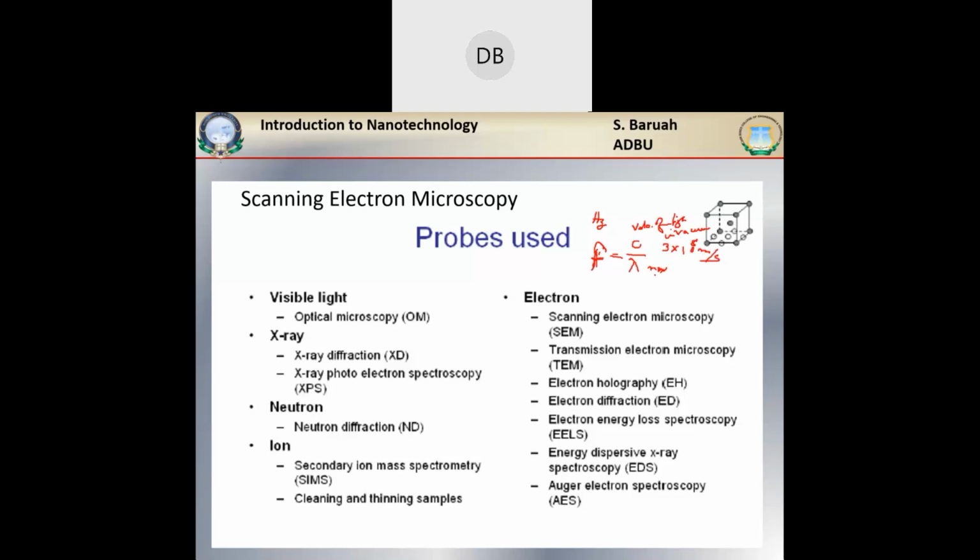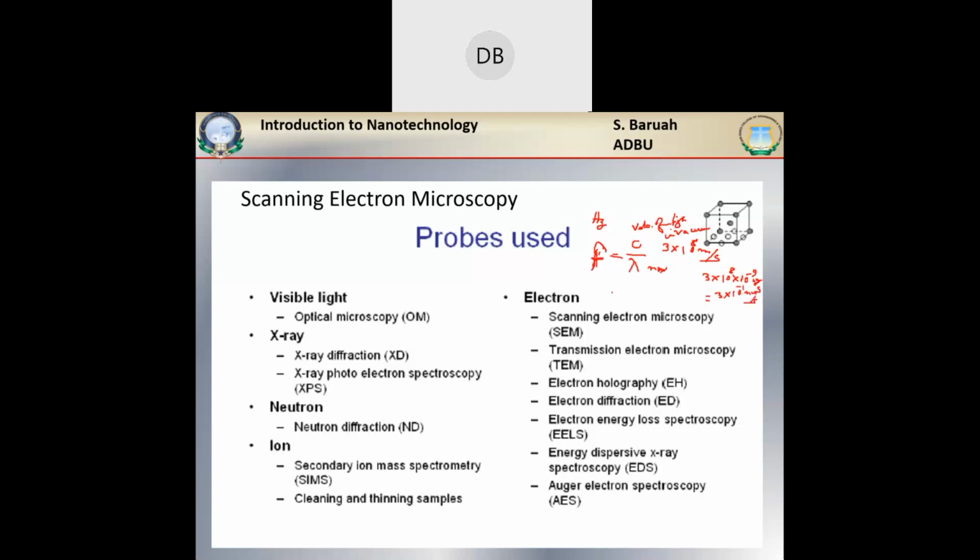If you want to convert it to nanometer, because lambda is in nanometer, 1 meter is 10 to the power of 9 nanometer. So it will be 3 into 10 to the power of 8 into 10 to the power of 9 nanometer per second.